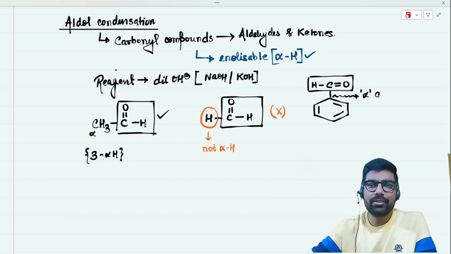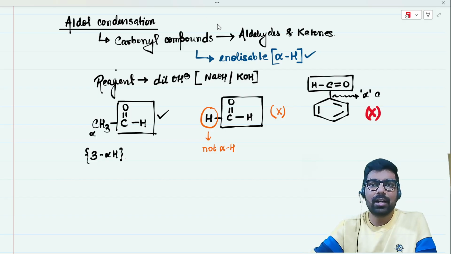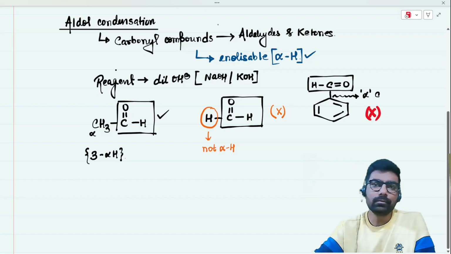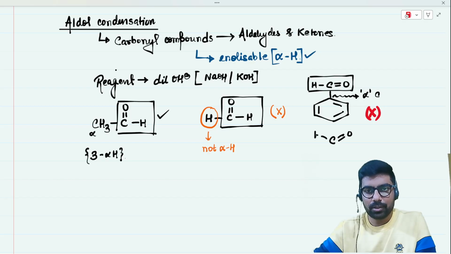Are there any hydrogens attached to it? Of course not. There is an alpha carbon, but there is no alpha hydrogen over here. So again, the benzaldehyde molecule will not undergo aldol condensation because there is no alpha hydrogen in a benzaldehyde molecule, right? If you draw the structure very elaborately, this molecule looks something like this.